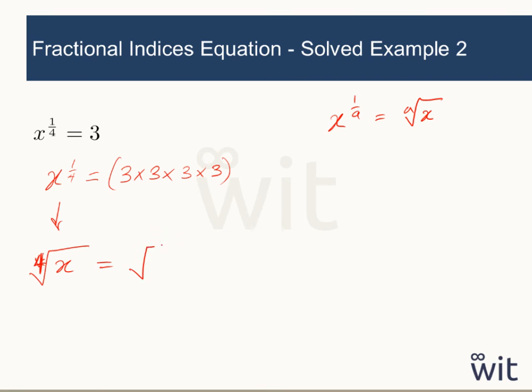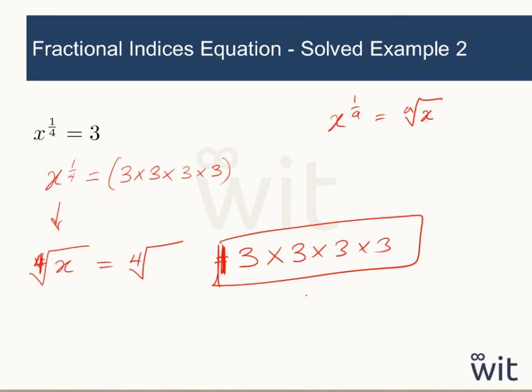So what can we do on this side that equates to 3? That will be, in another sense, 3 times 3 times 3 times 3, and the value of that is 81. That's because the 4th root of 81 will be 3.